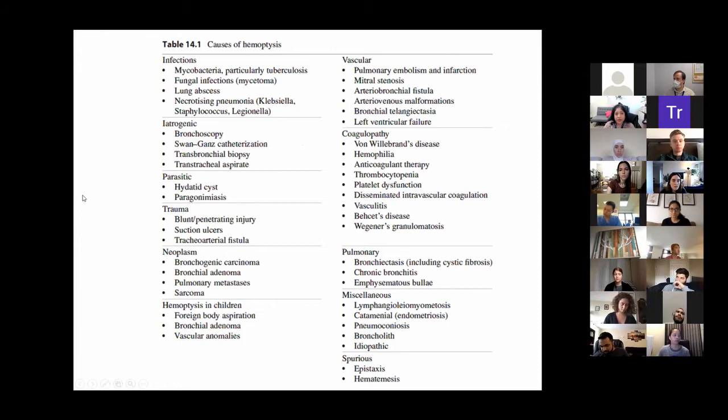When we think a little bit about all of the causes of hemoptysis, like many common symptom-based disorders, the list is long, right? So if you look at all possible causes of hemoptysis, I think of it a lot as, where is it coming from? So is it coming from an airway lesion?